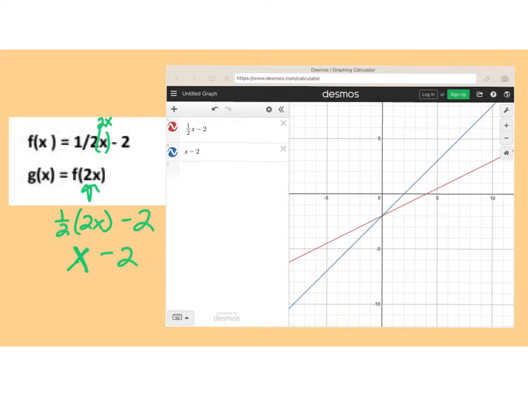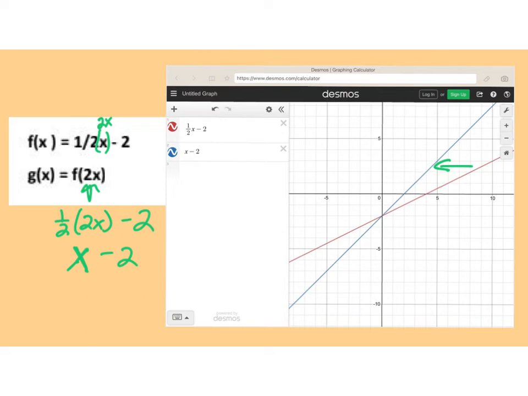So that means this graph became, I guess, stretched in this case, or actually it would be compressed because it's a 2. So it would be a horizontal compression because it's moving in from left to right.